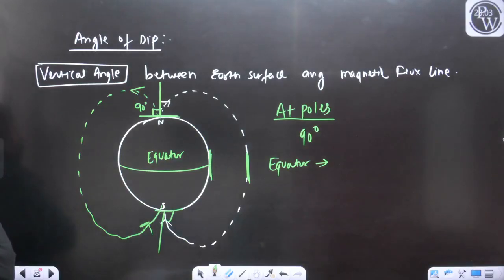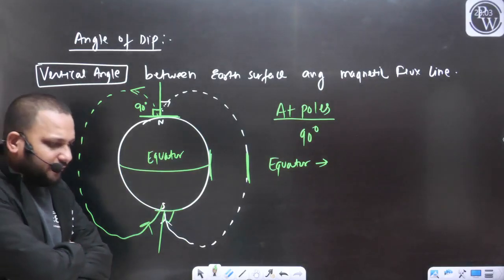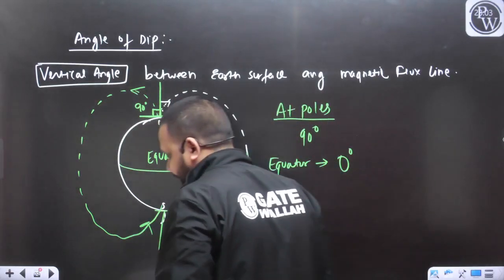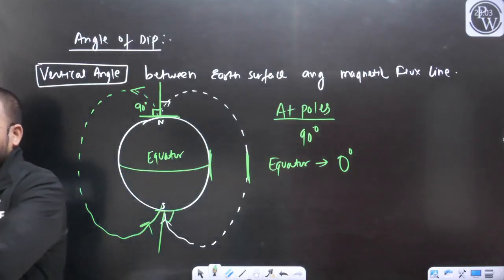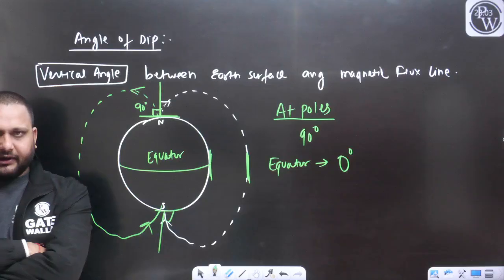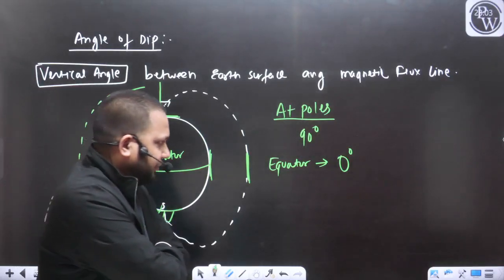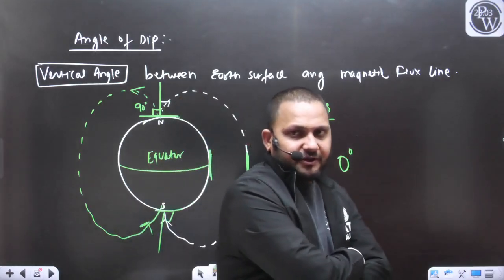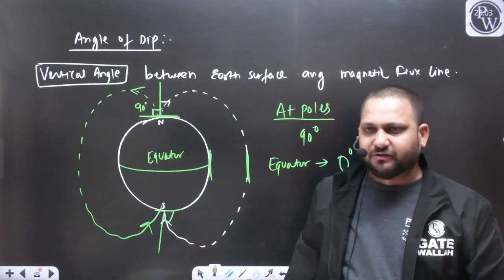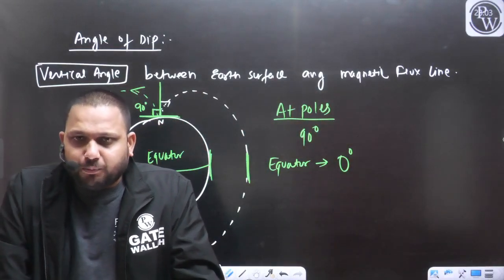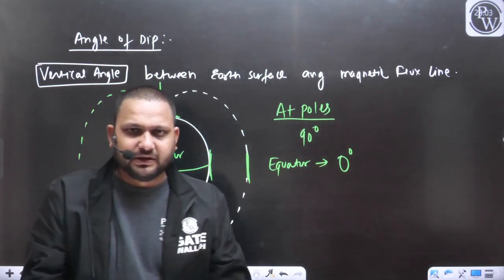Can we say at equator, this angle of dip or angle of depression is going to be 0 degree? If you can visualize all these points, then only you can confirm in the chat box.